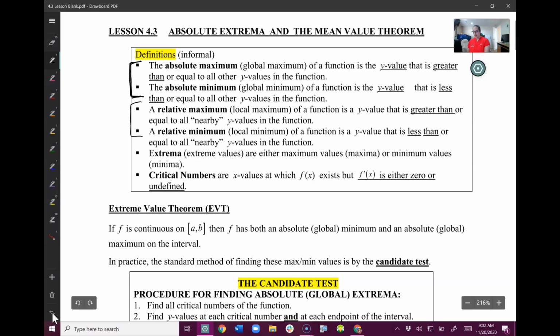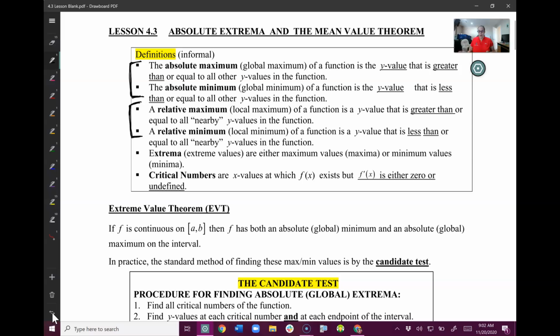And then this set right here. So, absolute maximums and minimums is the biggest or the smallest y value of the whole function. So if you look at the whole entire thing, it is the biggest y value or the smallest y value in the whole graph.